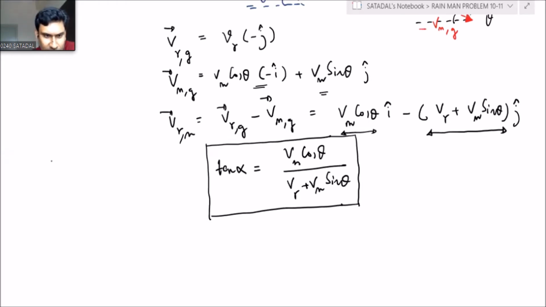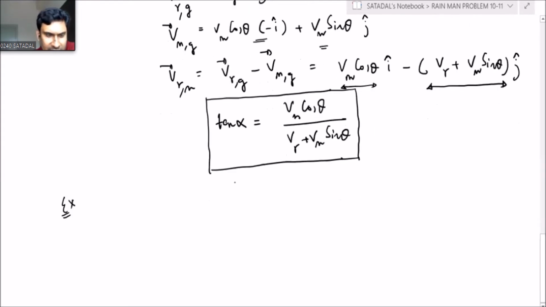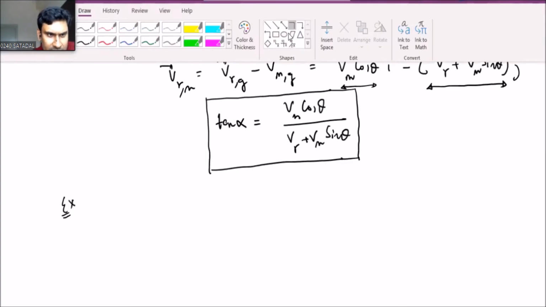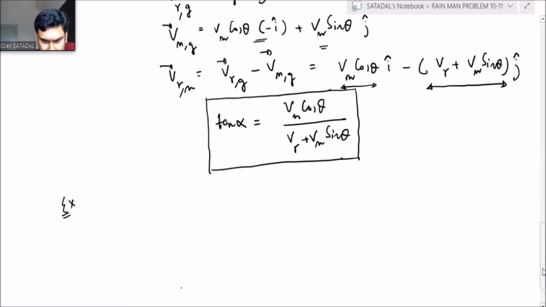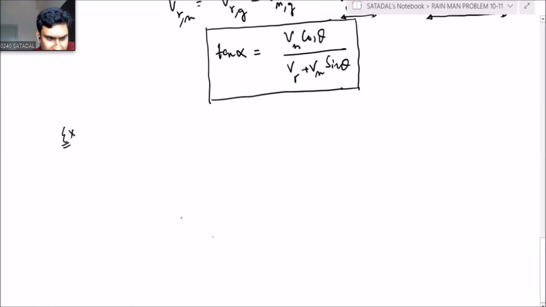Okay, fine. Now I'm giving you the just opposite case of it, and you try to do it so that you get perfect clarity on what we are doing here. Take this inclined surface. I am taking this angle as alpha. There is one person, and now she's coming down.